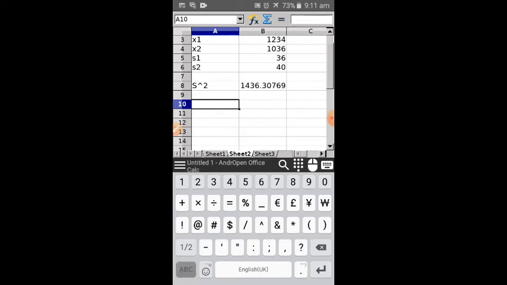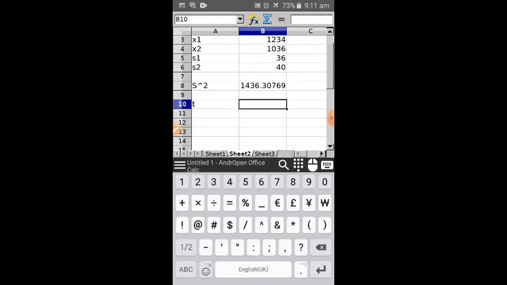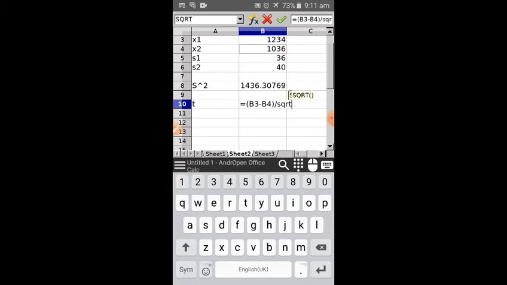Now the next step is to calculate t. If you remember the formula, I am going to use it in a single line. We have x1 bar minus x2 bar in a bracket, divided by the denominator, which I had taken separately earlier but am now using in a single line.